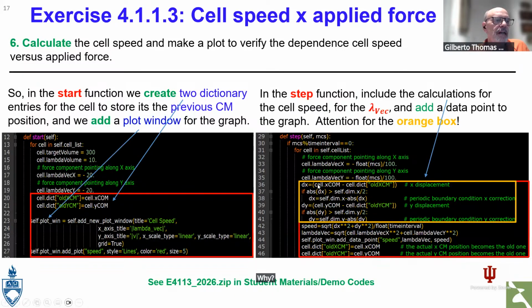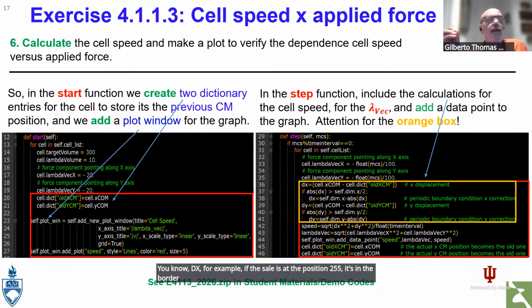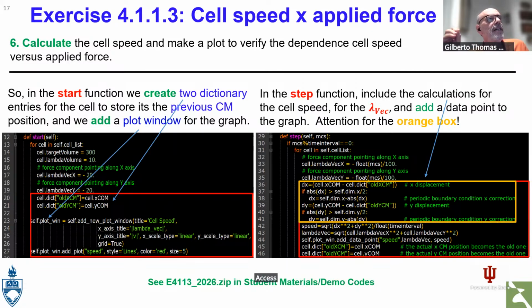Because when the cells cross borders, we have to correct the position of the center of mass. For example, if the cell is at position 255, at the right border of the x axis, and in the next step the cell crosses the border and appears at x equals 1.